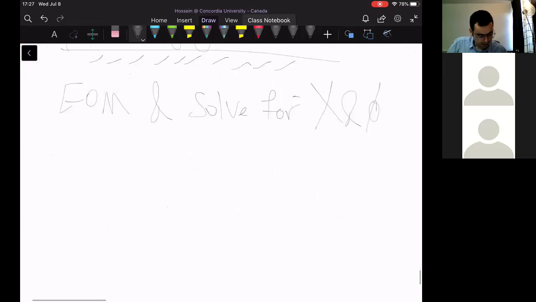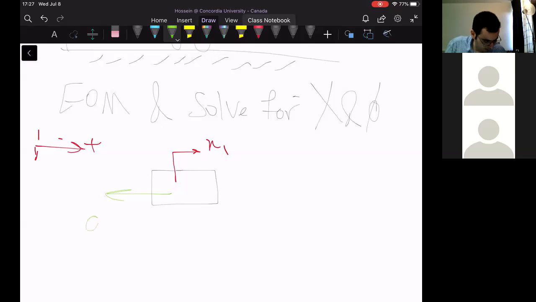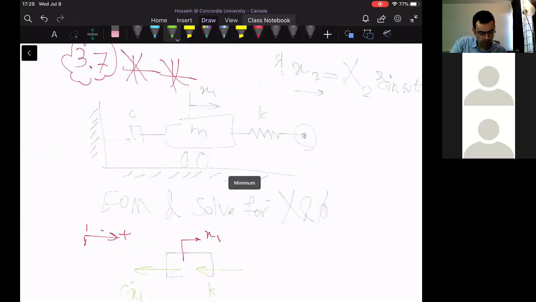If I displace the mass to the right side, I consider that a positive direction. If I displace the system to the right, the left damper simply opposes the motion as C x dot 1, and the right spring also opposes the motion. The spring force is K multiplied by the relative deformation.